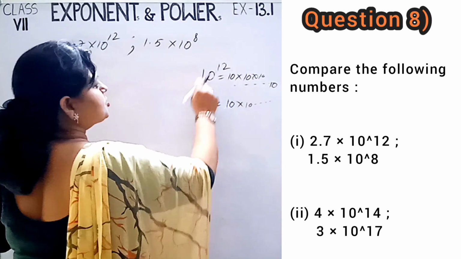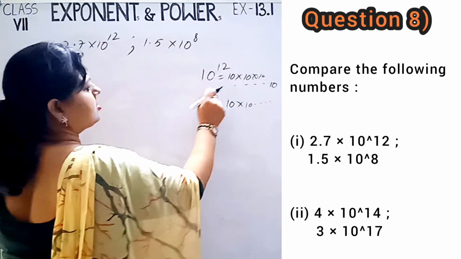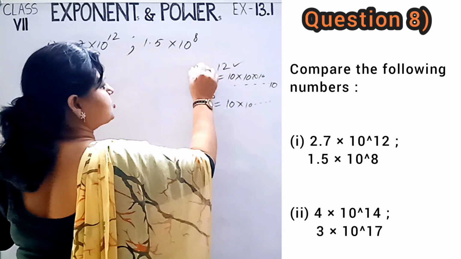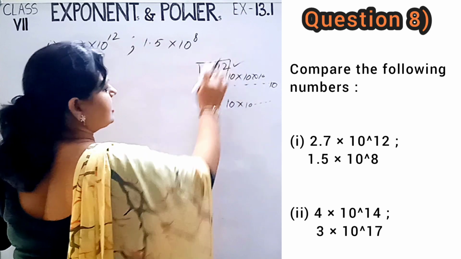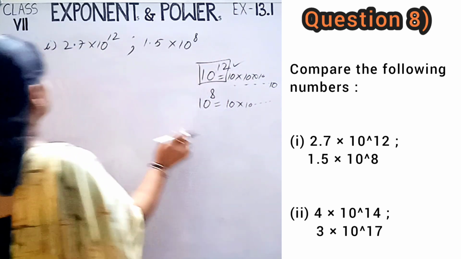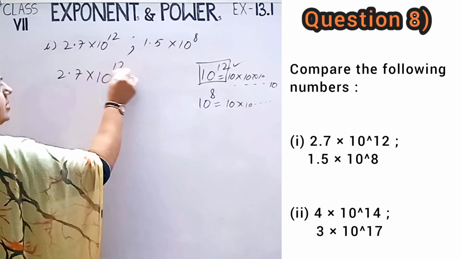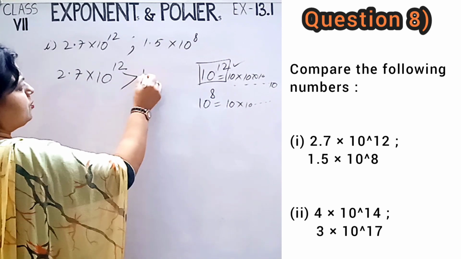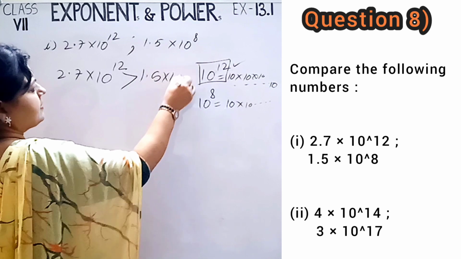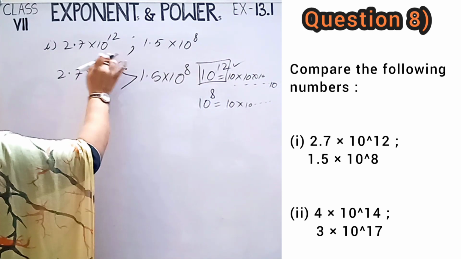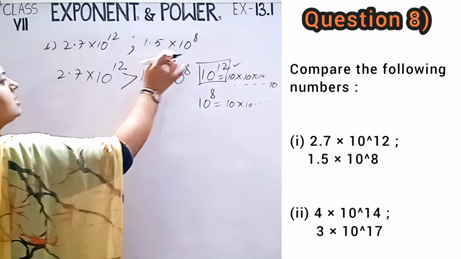So which is greater? This 12 is greater. So 10 raised to the power of 12 is greater than 10 raised to the power of 8. Now 2.7 into 10 raised to the power of 12 is greater than 1.5 into 10 raised to the power of 8. So here we have to check how many times the number of tens are coming.